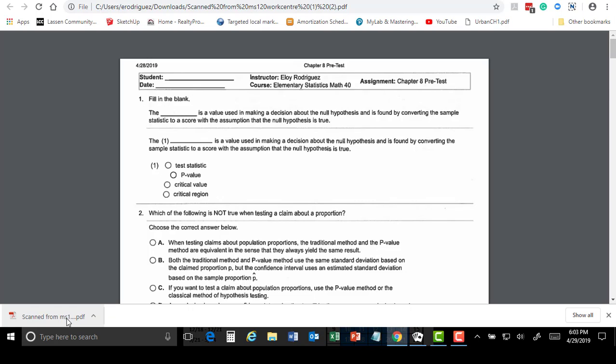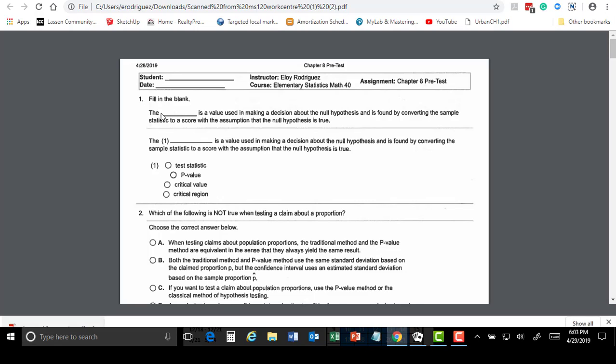So let's look at this problem to begin with. It says, the blank is the value used to make a decision about the null hypothesis by converting the sample statistic score, with the assumption that the null hypothesis is true. So, this is what we call our test statistic.